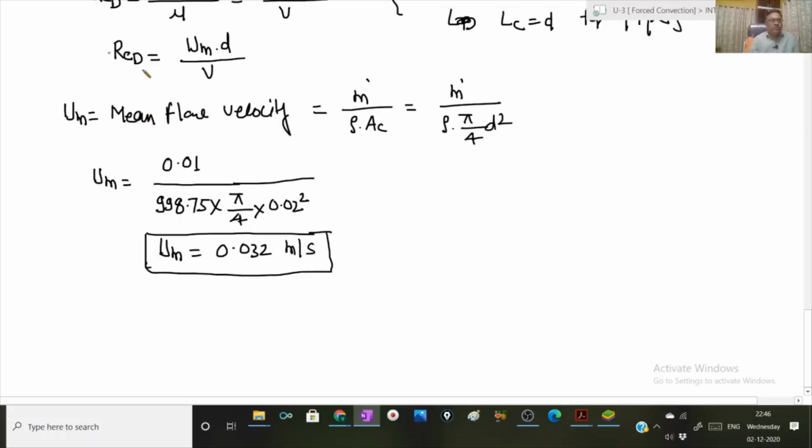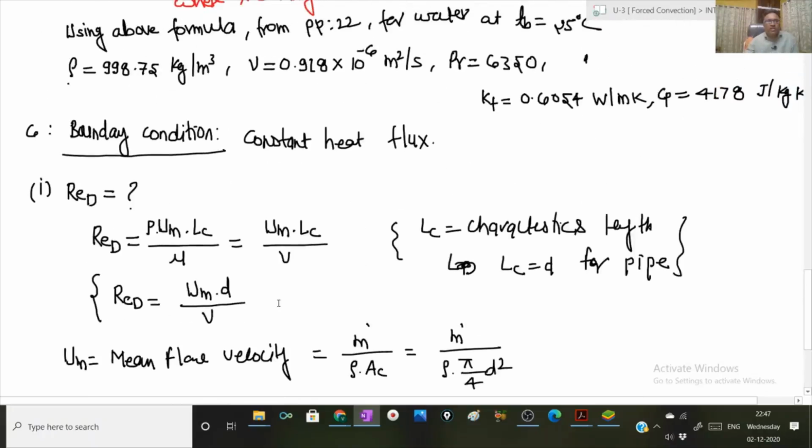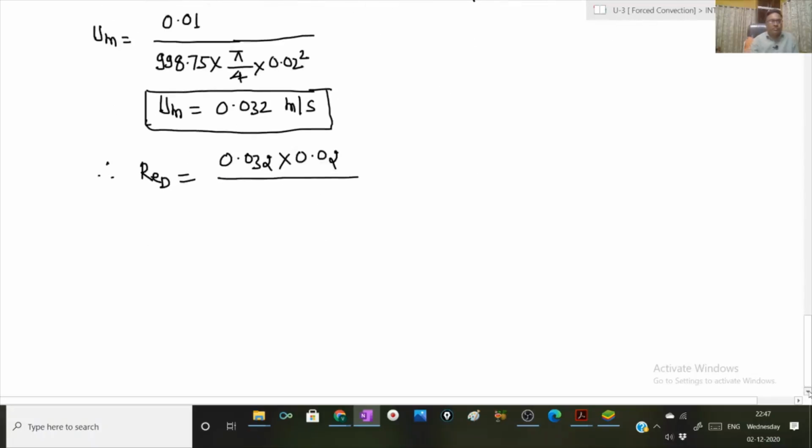Putting this value of um into Reynolds number expression, Re suffix D becomes 0.032, diameter is 0.02, over the value of nu, that is kinematic viscosity, 0.918 into 10 to power minus 6.